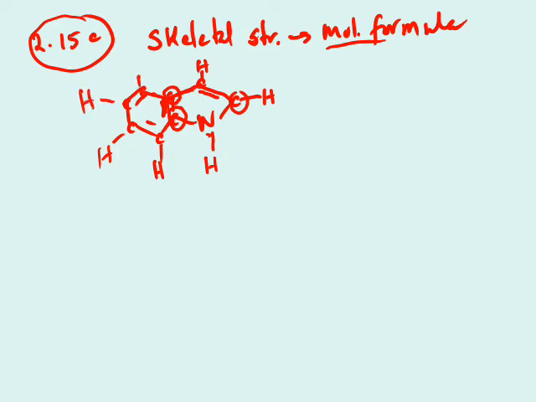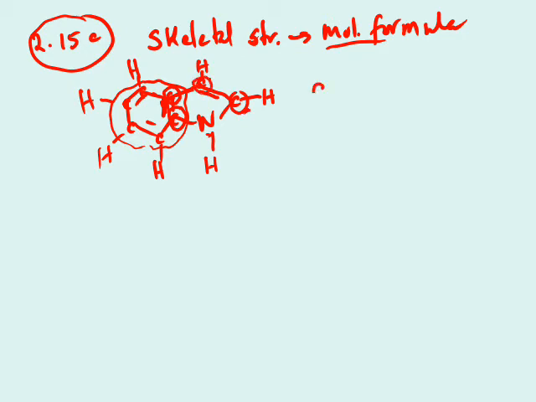This carbon has 1 hydrogen. So now I've pretty much assigned all the hydrogens, keeping in mind that carbon must have 4 bonds, nitrogen must have 3 bonds in a neutral compound. Now let's count. Since it's a hexagonal ring, I can quickly say that this has 6 carbons, then this is the 7th one, this is the 8th carbon.